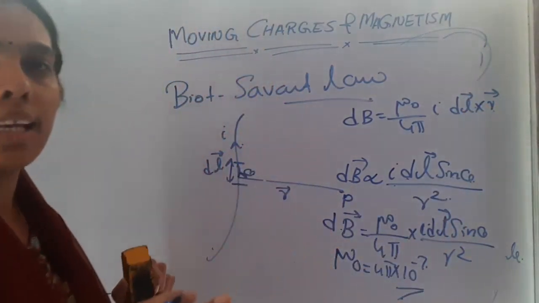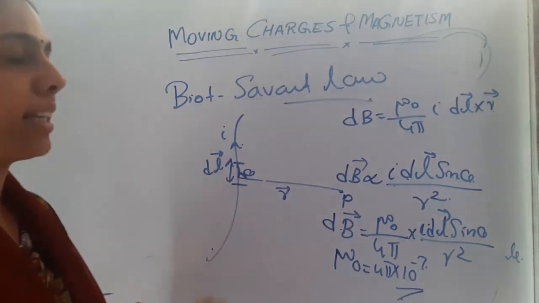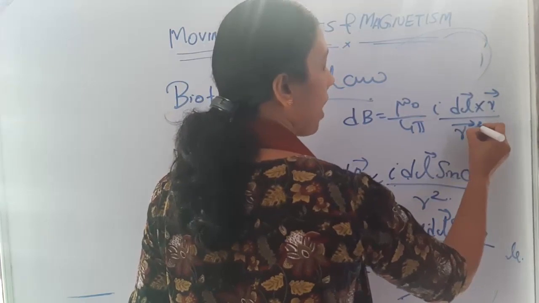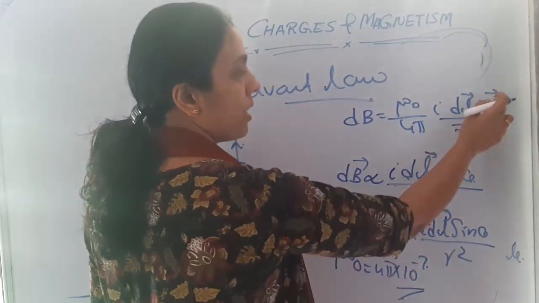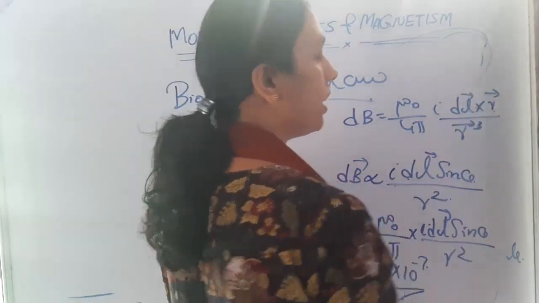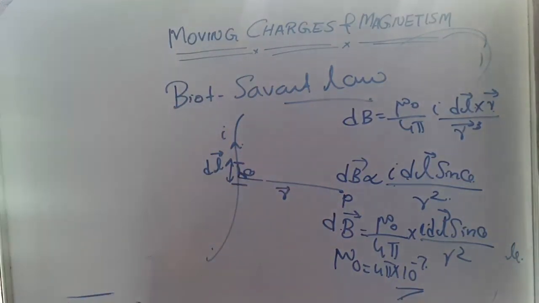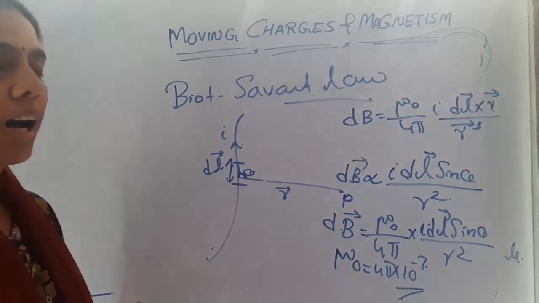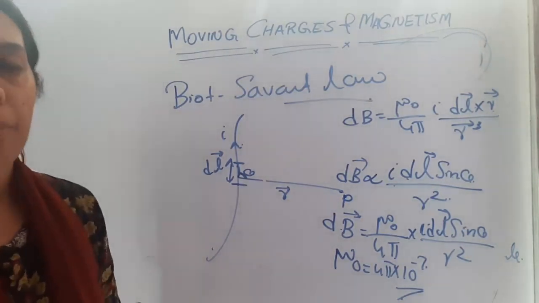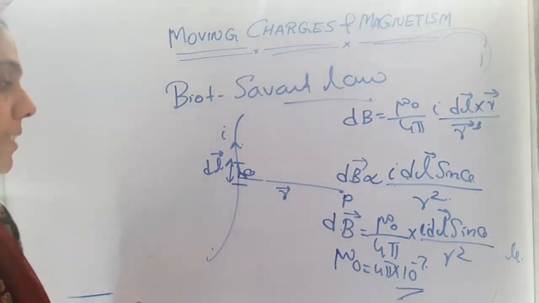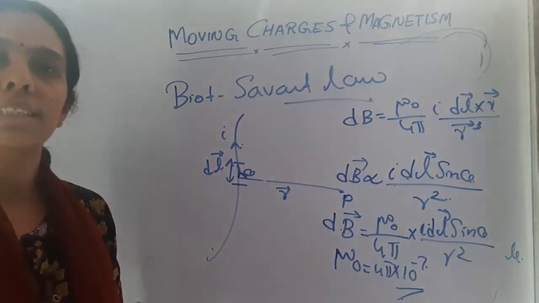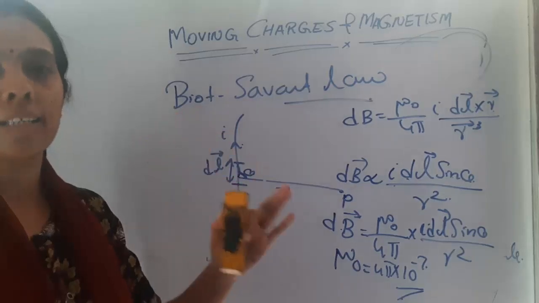It is r into dl sin theta, and I am multiplying by one more r because we are multiplying by a vector r in the numerator. So dB equals mu 0 by 4 pi into I dl cross r by r cube. This is the Biot-Savart law. We use this law to find the magnetic field at a point which is at a distance r from the current element.